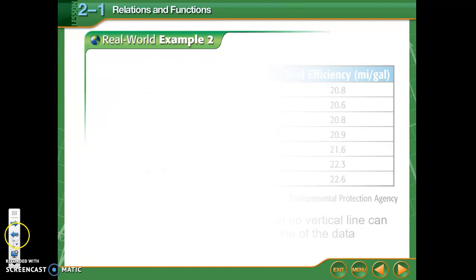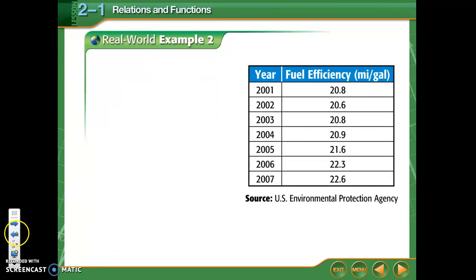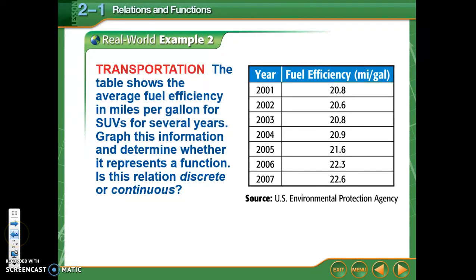And then they have this terminology here of discrete or continuous. Let me go back and show you that real quick. Discrete is a relationship that's made up of individual points that are not connected. Continuous is like when we draw a parabola and it's one continuous curve. It's a curve that continues and never breaks off.